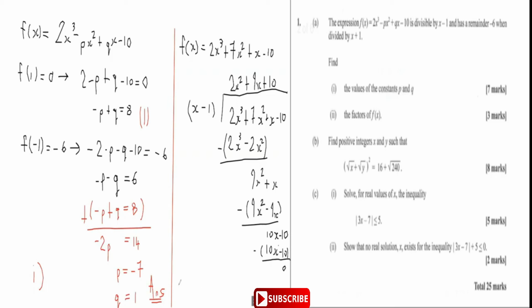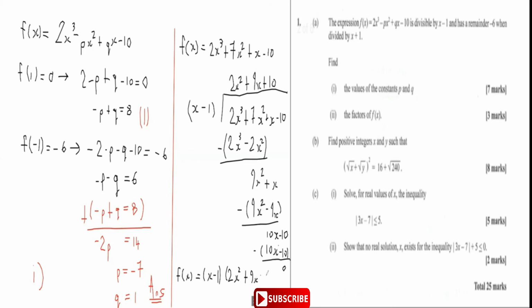We can rewrite f of x as x minus 1 times its quadratic factor of 2x squared plus 9x plus 10. And then we can go ahead and factorize this quadratic factor of f of x.